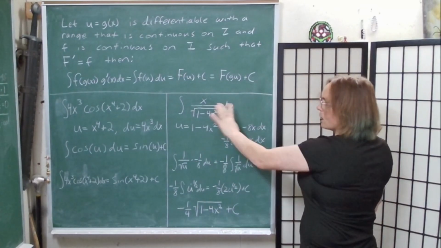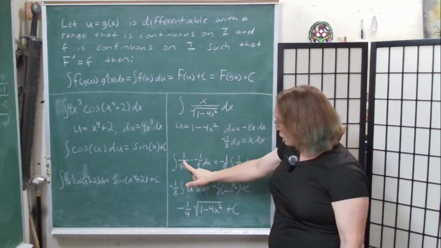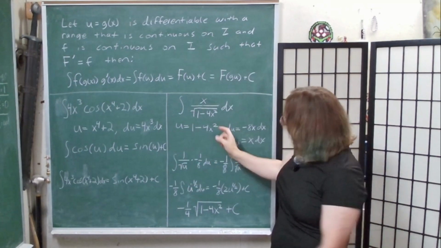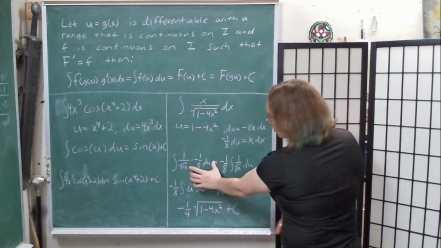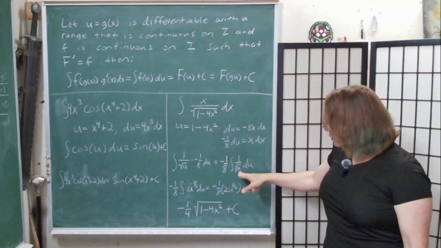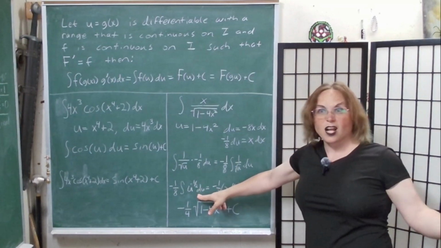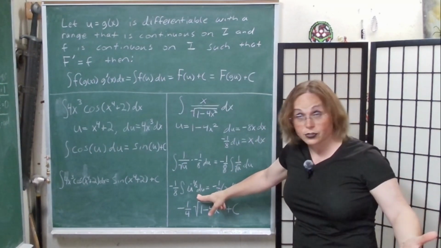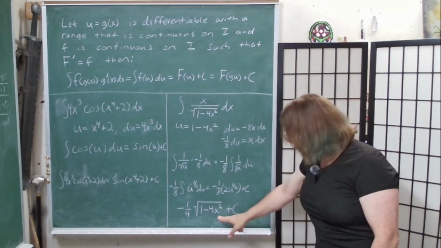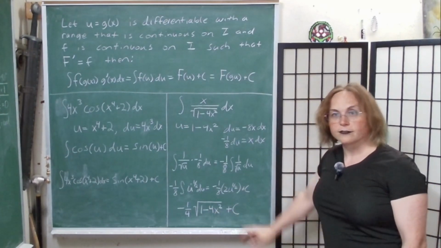When we do our replacement, we get 1 over the square root of u times the negative 1/8 du. Bring out the constant term, and do our integral, which again is not a complicated integral because of the substitution. Replace back with the u, and boom, we have our answer.